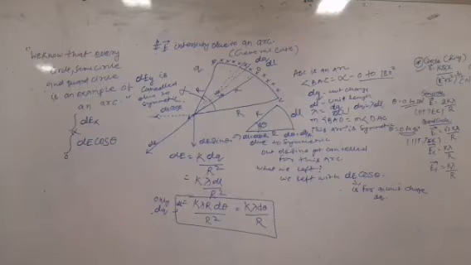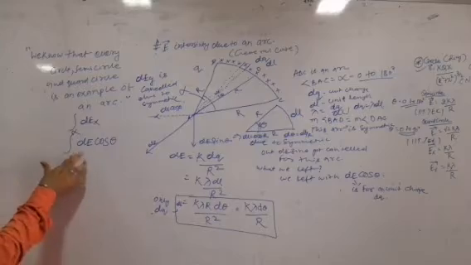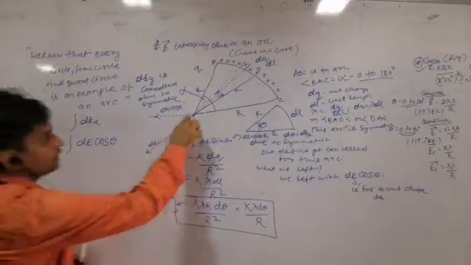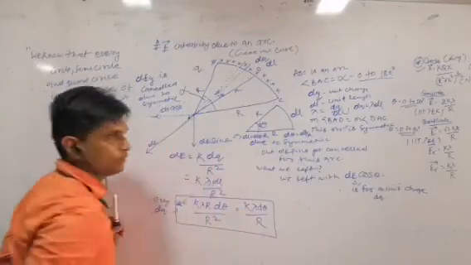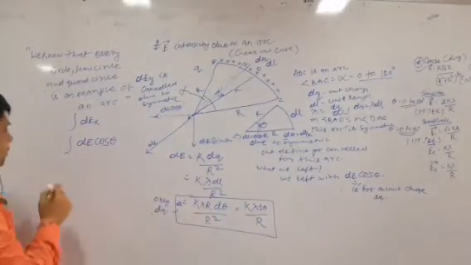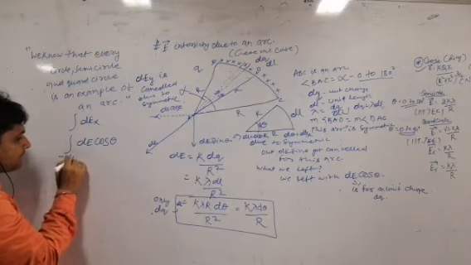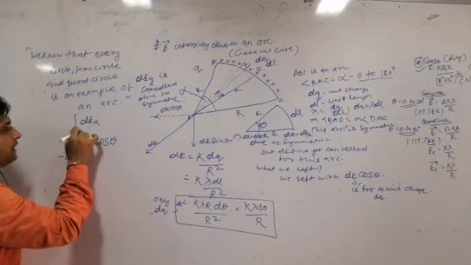Do you know this is on the axis? This is the arc. We don't know. So what will you take? Minus alpha by 2 to alpha by 2.